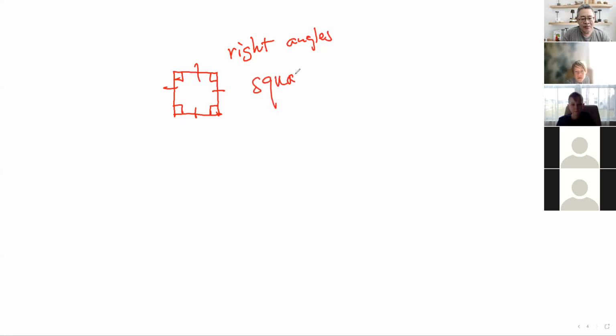This is pretty much what we're familiar with. But you could have something where all four sides are the same, but the angle is not 90 degrees. So this is called a rhombus.